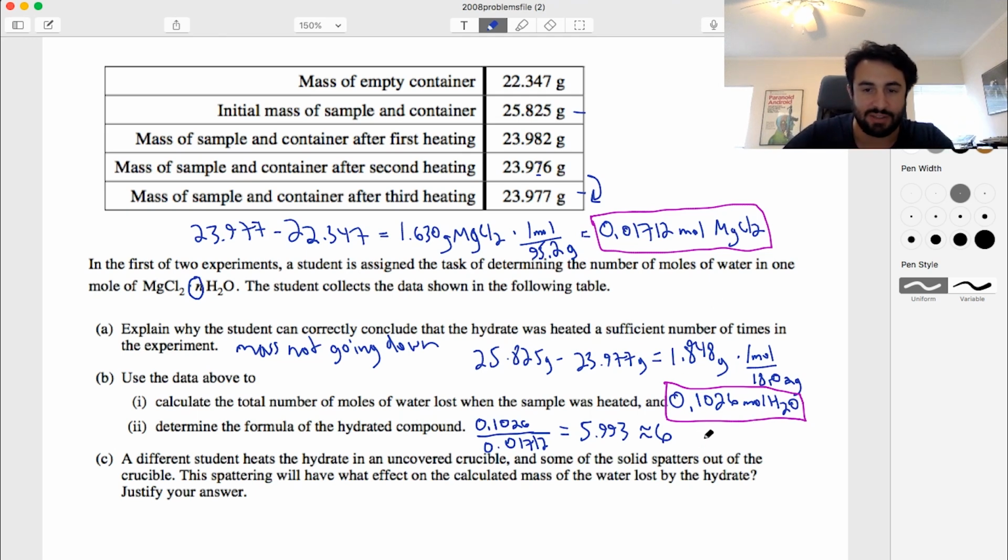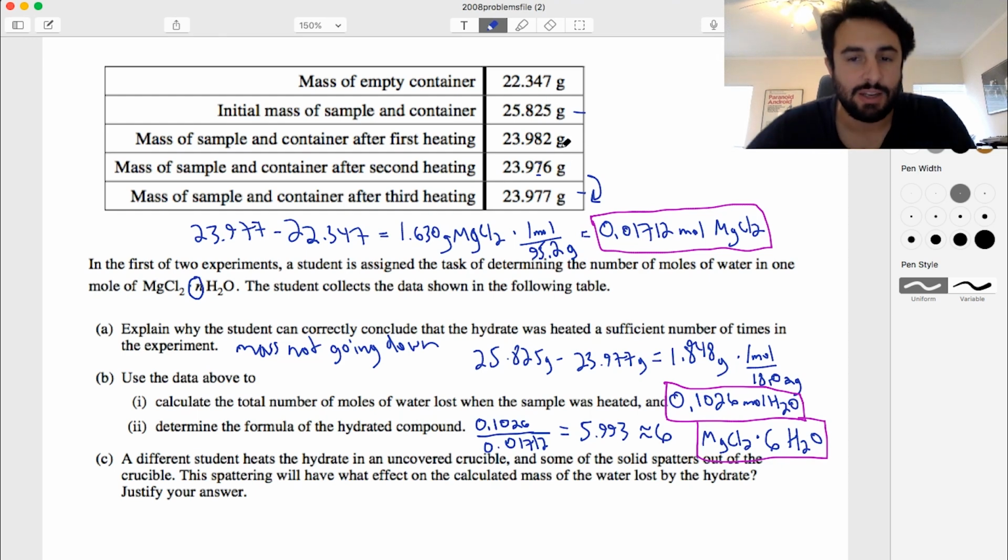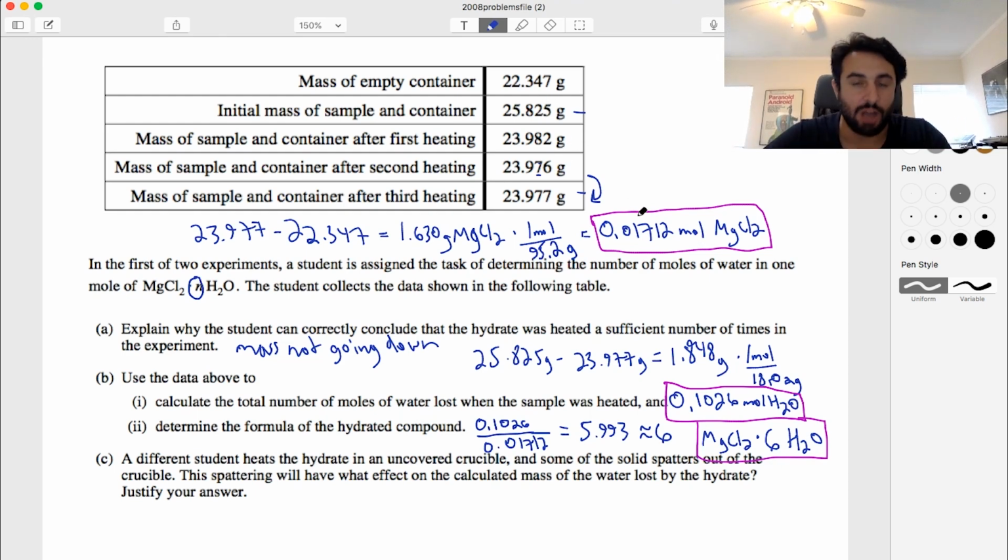So that means that this is, we'll just write it right here, MgCl2, and then the little dot right there signifying the hydrate, 6 H2O. Right? So it was very simple, right? All we did was we used this data to get the mass of water and use the molar mass to get the moles of water.